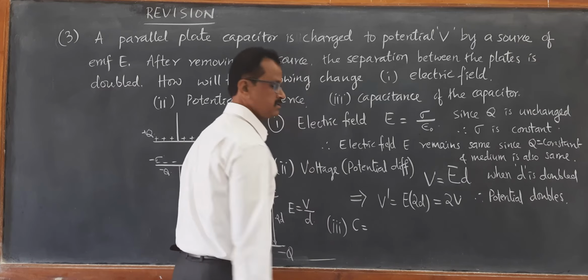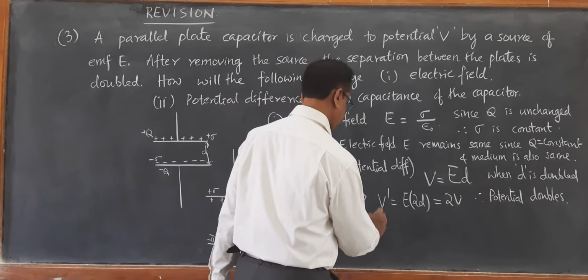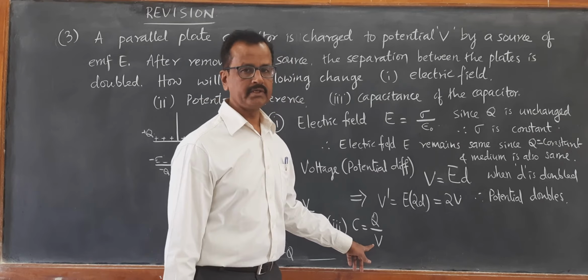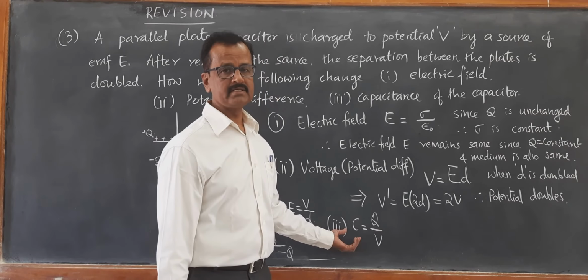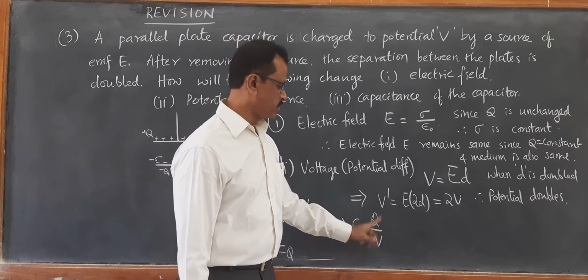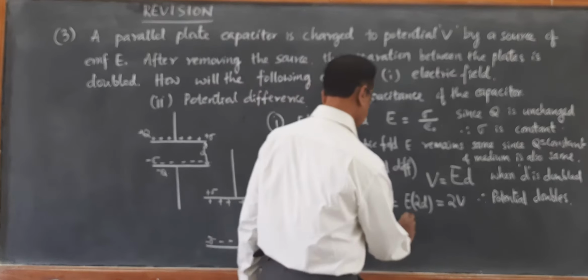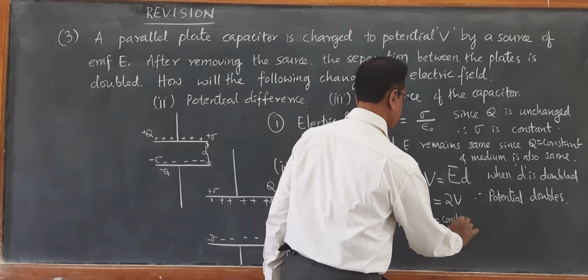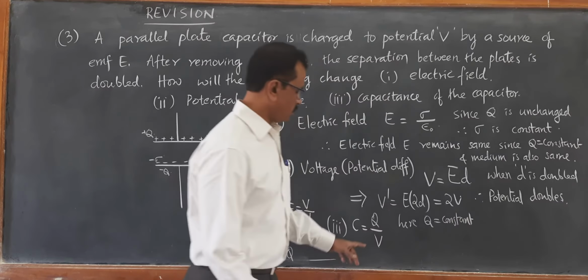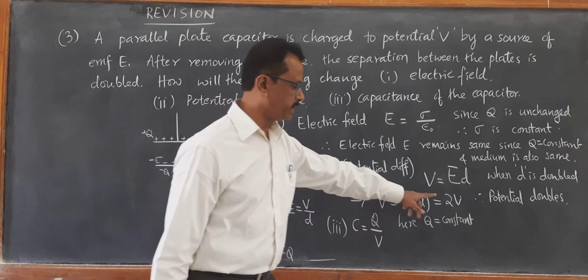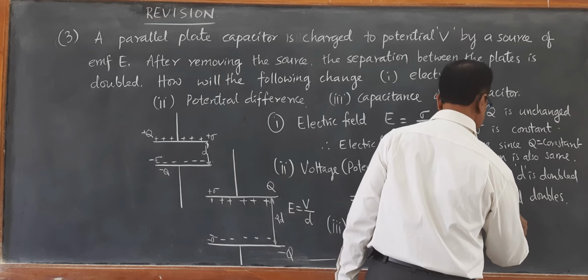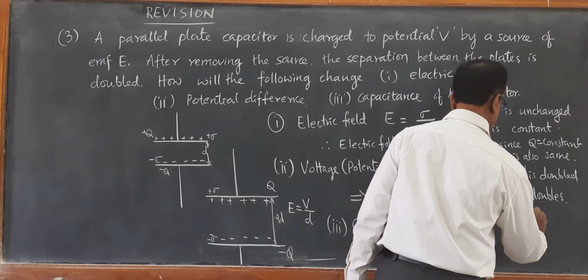Capacitance of the capacitor is equal to Q by V, the ratio of the charge to the potential difference. So Q remains constant here, Q is not changing, only the potential difference is becoming 2V, and potential difference V dash is equal to 2V.